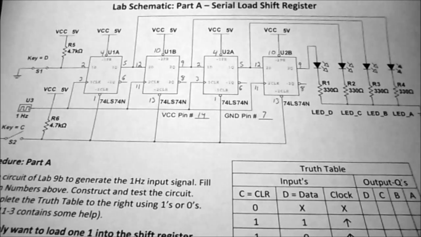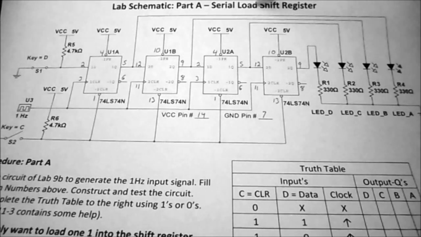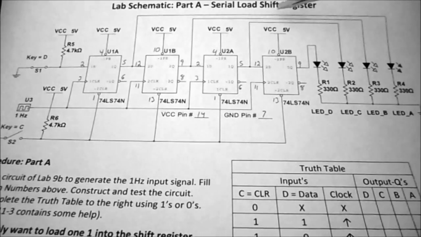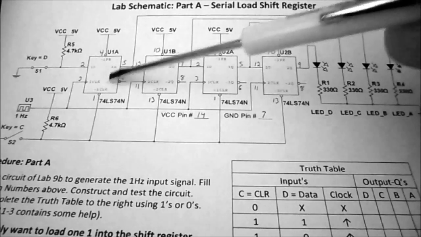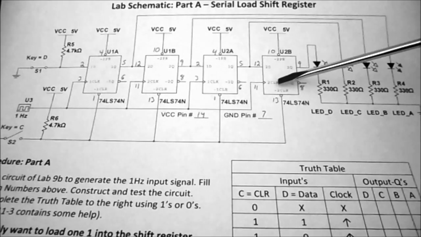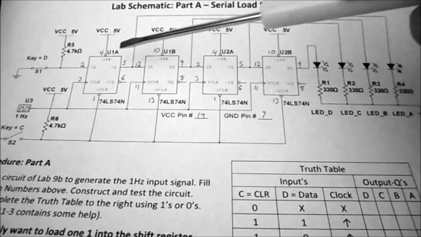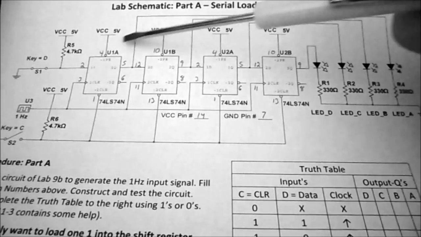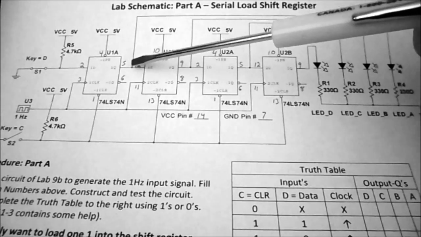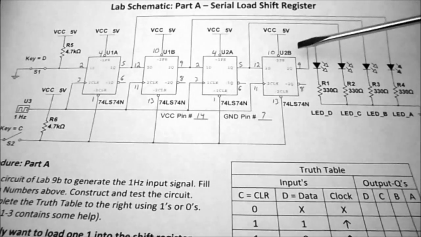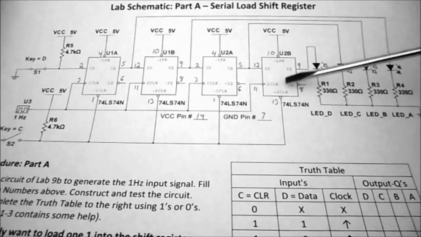So Lab Schematic Part A, it's going to be a serial load shift register. You can see we have 1, 2, 3, 4 D flip-flops, and they're labeled U1A, U1B, so that is on one IC. And then we have U2A and U2B, that is on the second IC.